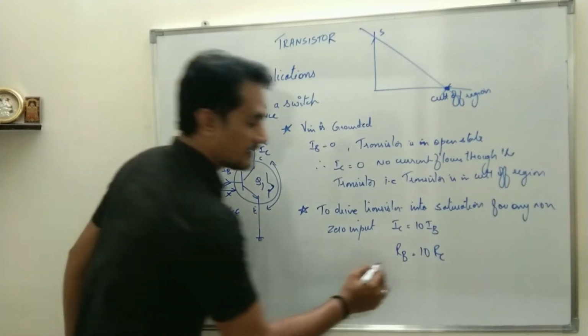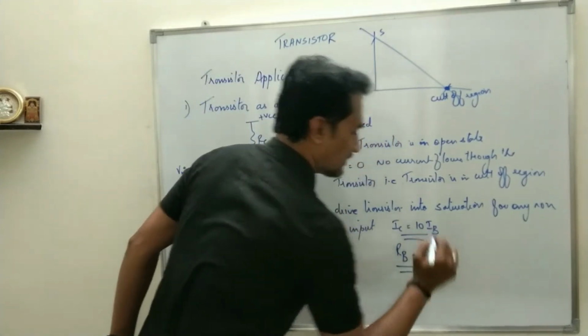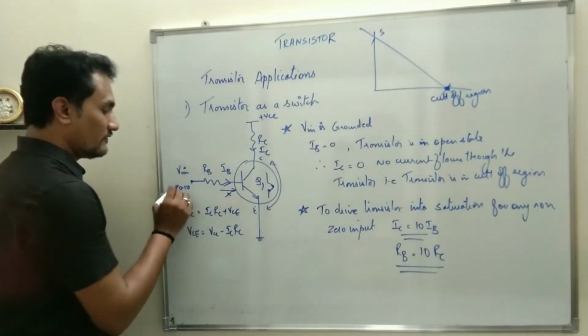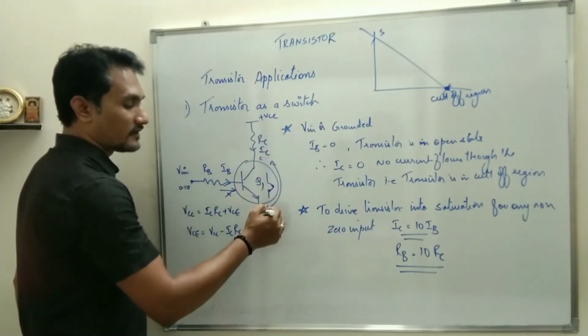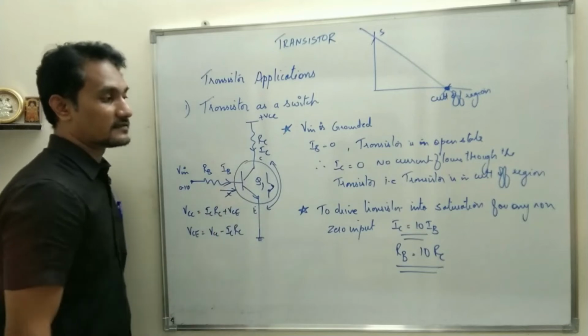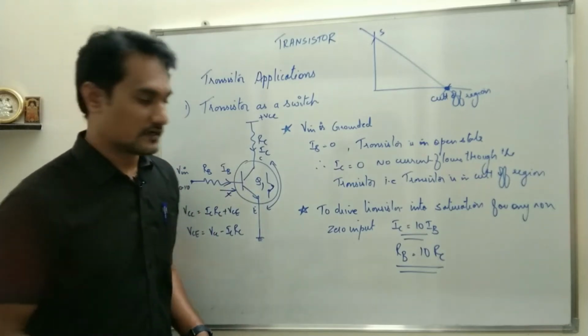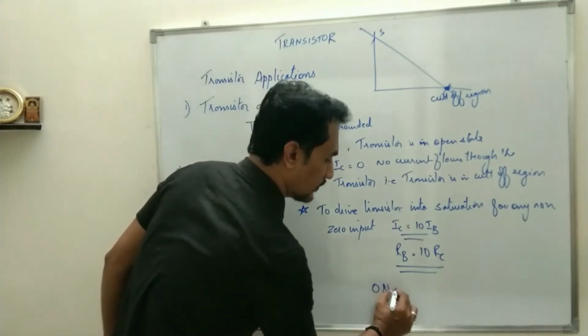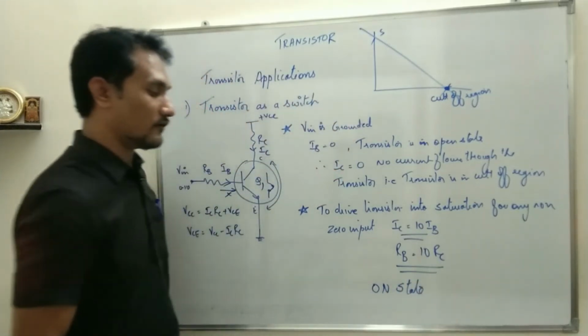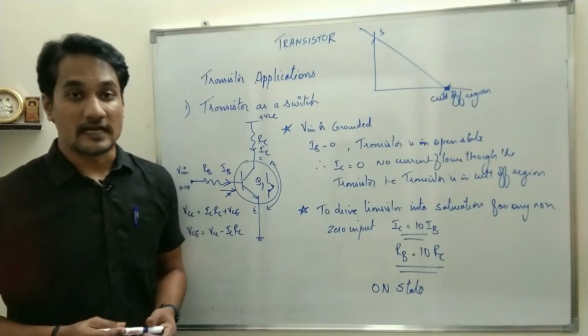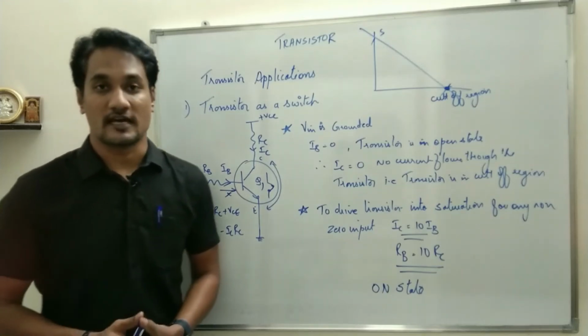So if you select in such condition, even if you apply 0.1 for a small base current, large collector current will flow and the transistor will be driven into saturation region, and the transistor will be working in on state. Large amount of current will flow through the transistor. So that is how transistor can be used as a switch.